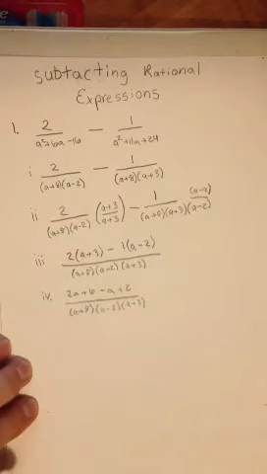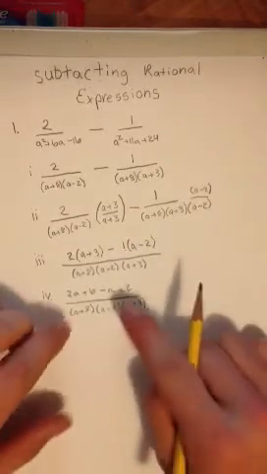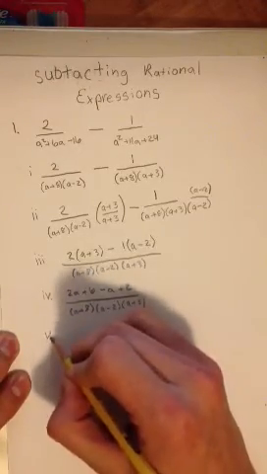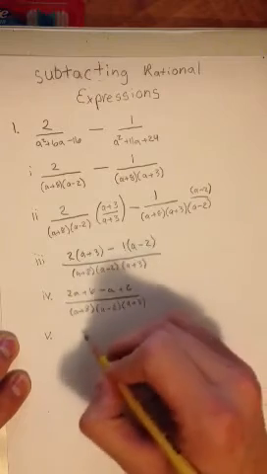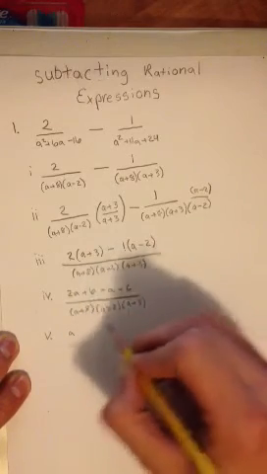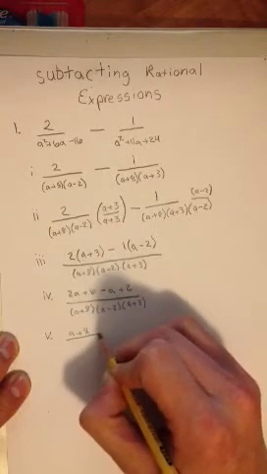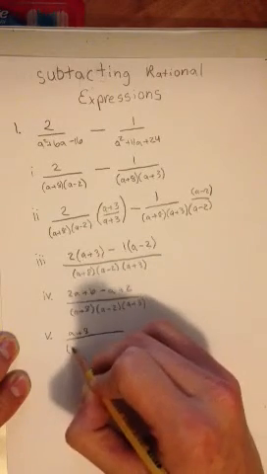Alright, now once we have that, we just combine our like terms here and here. So 2a minus a is a, and 6 plus 2 is 8. And then it's always over our lowest common denominator.